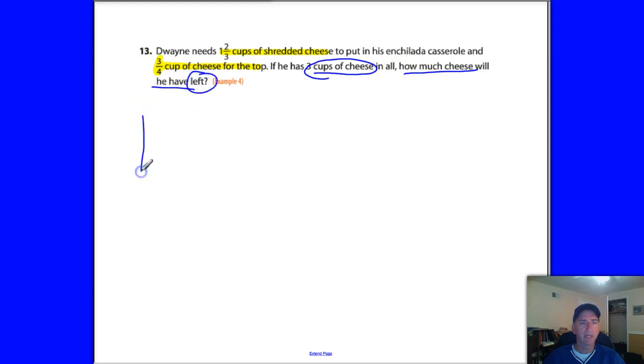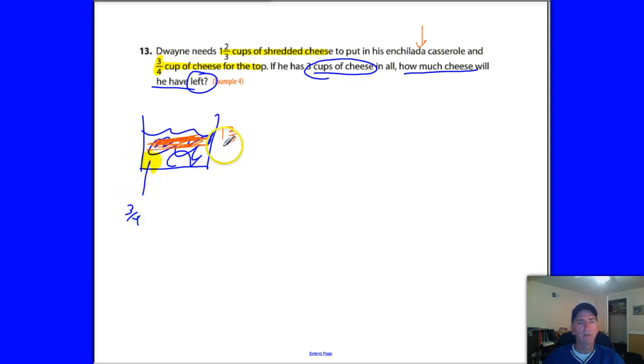Okay, picture this. Here's all of his cheese. Cheese, cheese, cheese, cheese, cheese, cheese, cheese. All right, now, what he needs to do is take out 1 2/3 cup for the casserole, and then another color here, maybe a highlighter, and then he needs to take out the highlighted part, 3/4 of a cup.